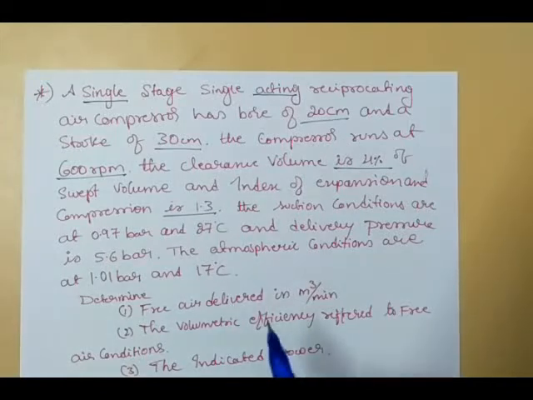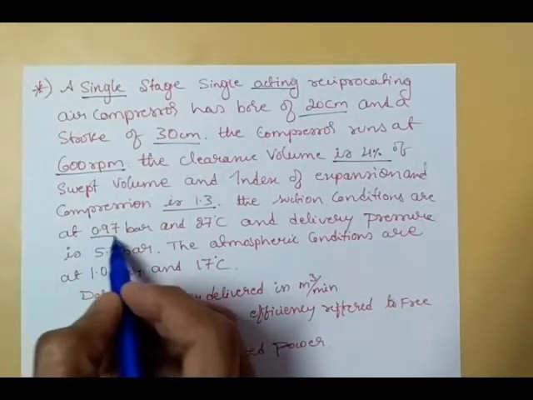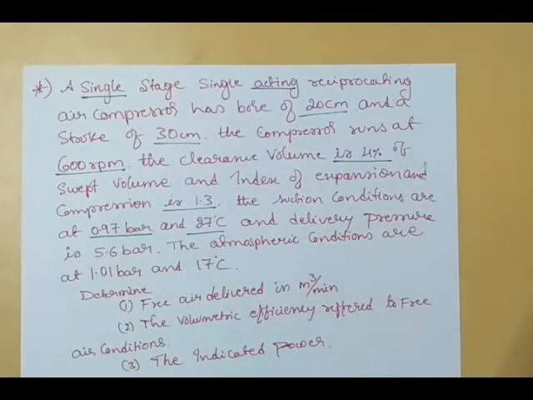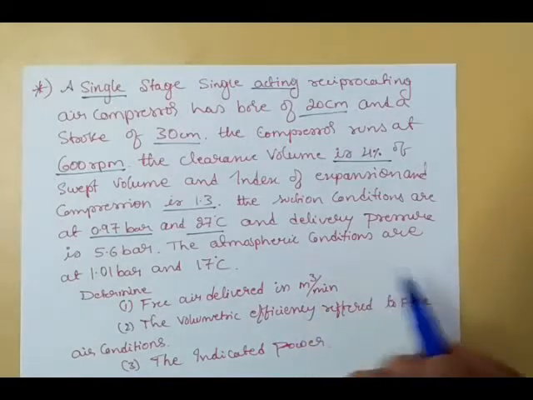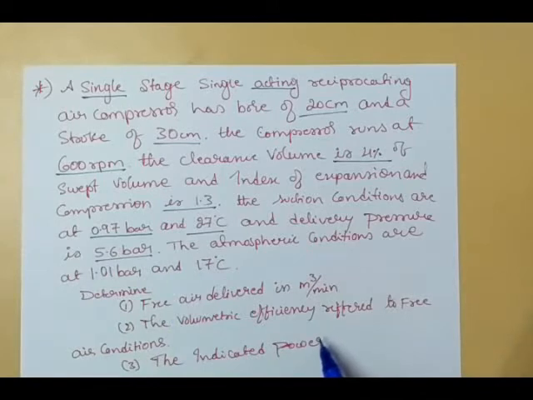Then the data given is the suction conditions are P1 0.97 bar and temperature T1 27 degrees centigrade. So the compressor takes in air at this pressure and temperature, and the delivery pressure after compression is 5.6 bar.